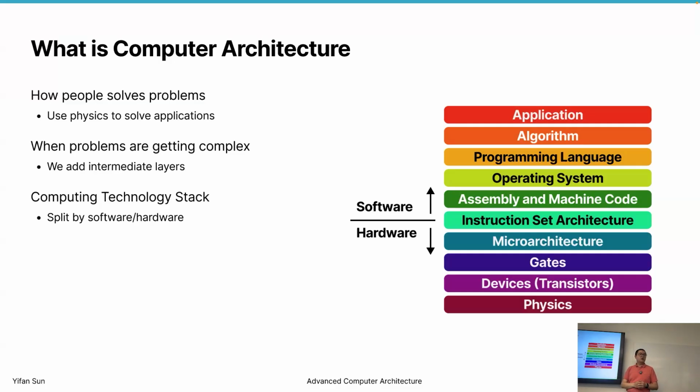Those are all protocols. They define, for example, that 0001 means an add operation, adding two numbers together, and 0010 means a subtract operation, subtracting one number from another. So this is the protocol between software and hardware.